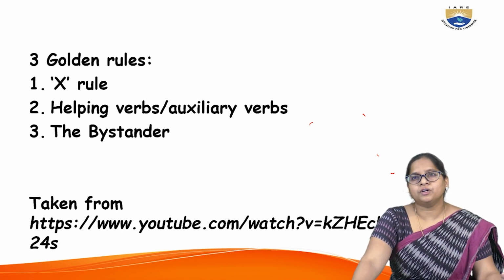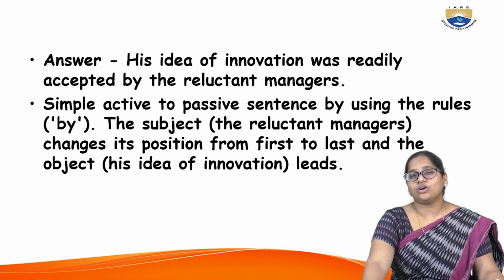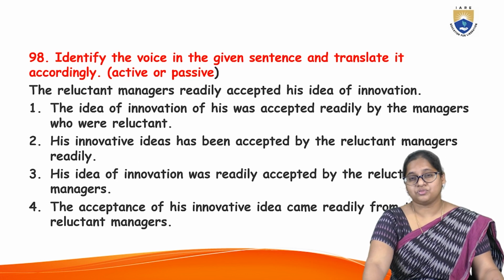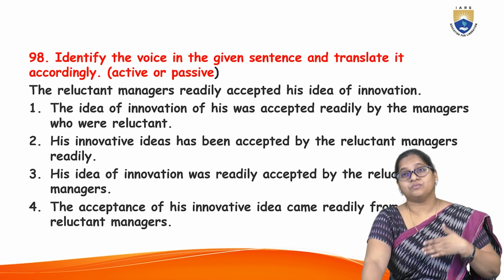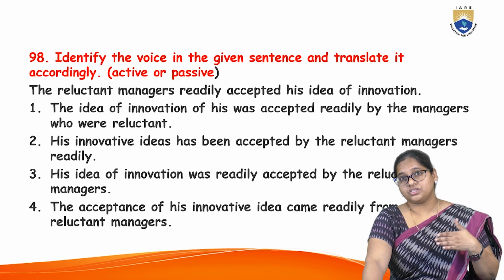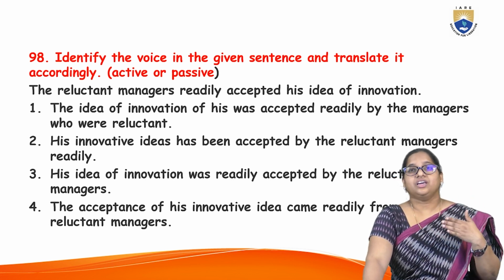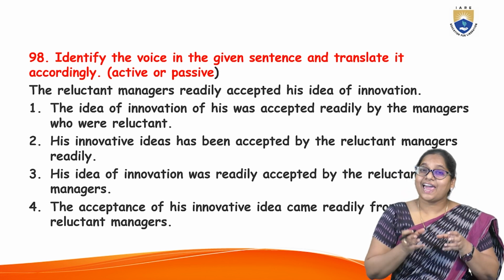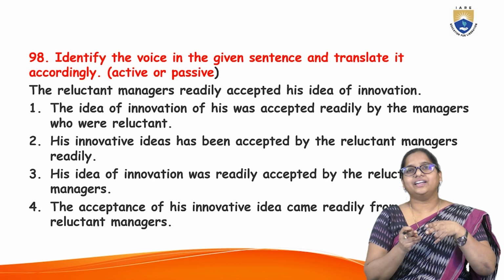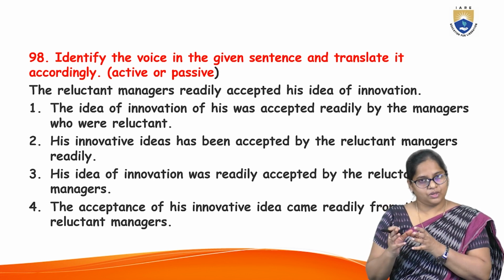Number two, helping verbs or auxiliary verbs. Here you see auxiliary or helping verbs like was, has been; is becomes was. See, the reluctant managers readily accepted his idea of innovation; it was readily accepted by, with an auxiliary helping verb.